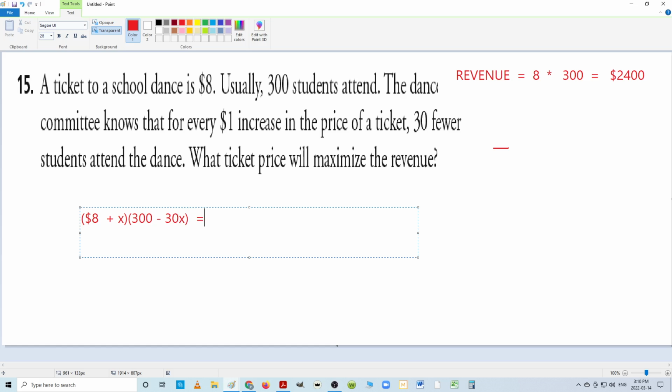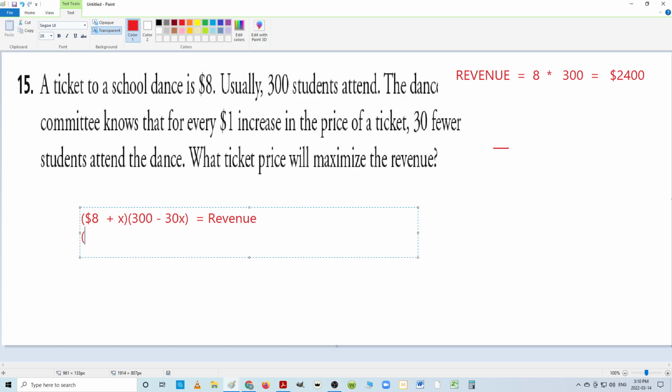And that will be my revenue, not profit. What price will maximize the revenue? In other words, how much can I increase this price to get where I want? And obviously this is going to create a downward facing parabola.